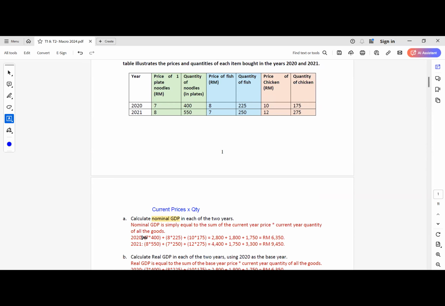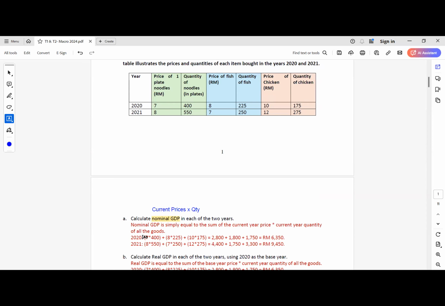So you can see I put it over here. In 2020, this is the value of the noodles plus the value of the fish and also the value of the chicken. Then you add it up, you get the answer. That is the nominal GDP in 2020.